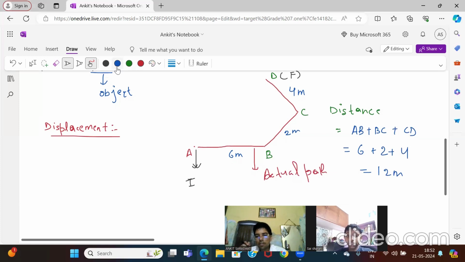Sir, A to D. Now why is it A to D? Why not A to C? Because final position is D. Final position, I agree. Then which path will it be? The path can be a curve. Sir, no, it is a straight line. Why is it a straight line? And what is the direction of this straight line?